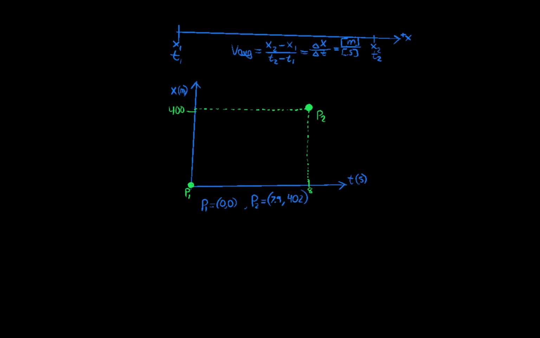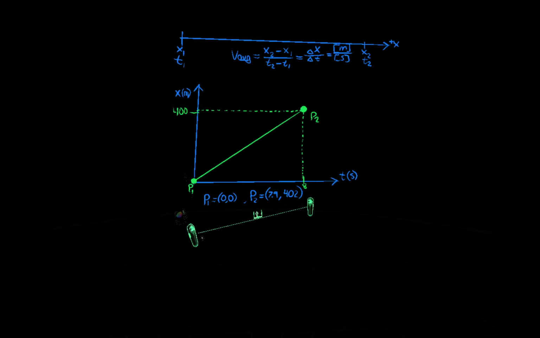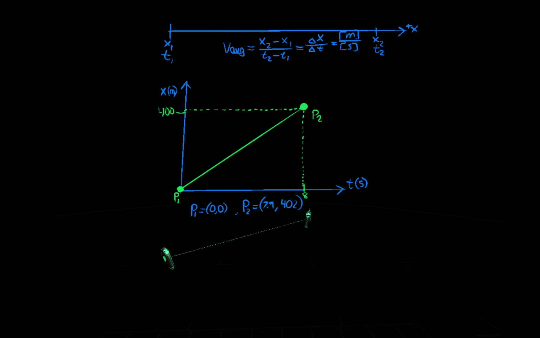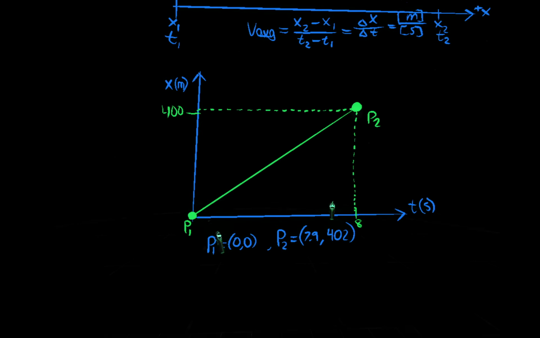So the line that connects point 1 and point 2 here gives us the slope of our average velocity. So the slope of this equals V average.